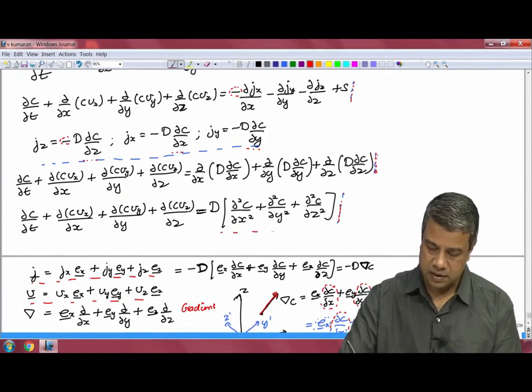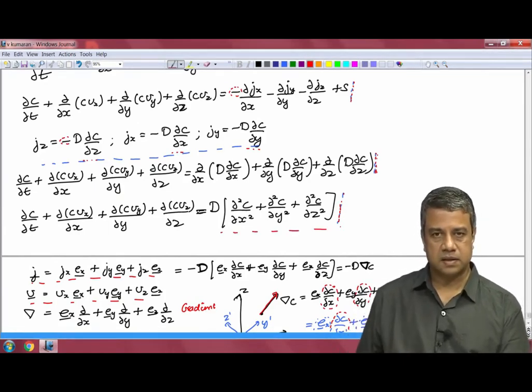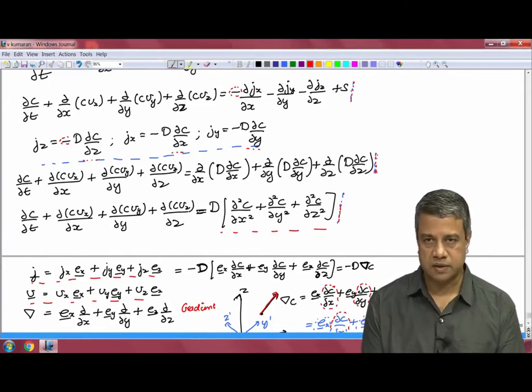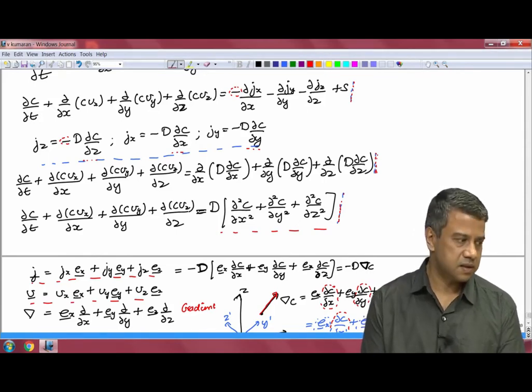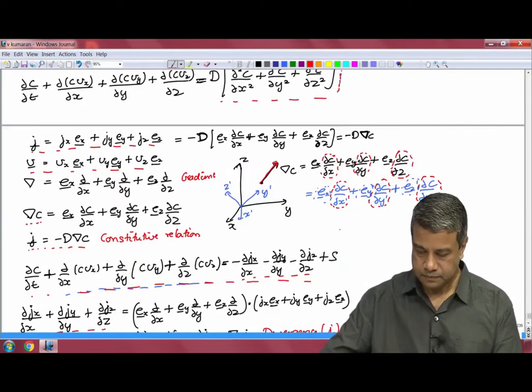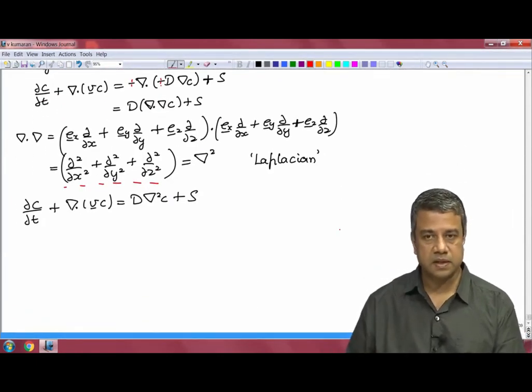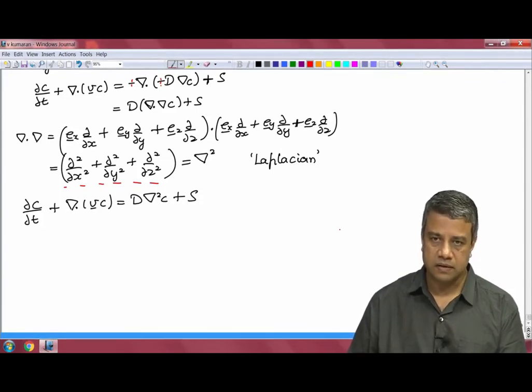This is the operator that we had, the sum of the second derivatives with respect to x, y and z. So, that is the Laplacian of the concentration field. So, this is the conservation equation in vector notation, using vector differential operators.